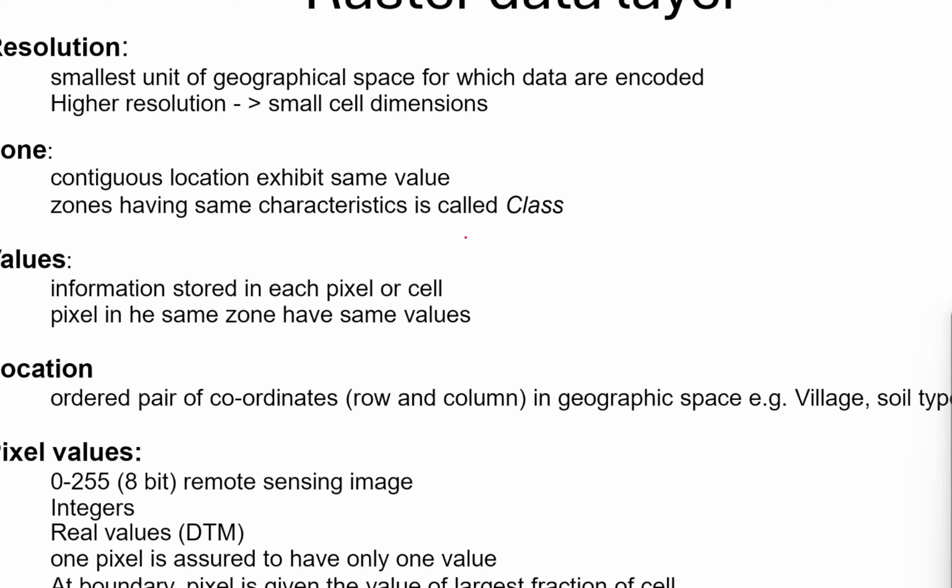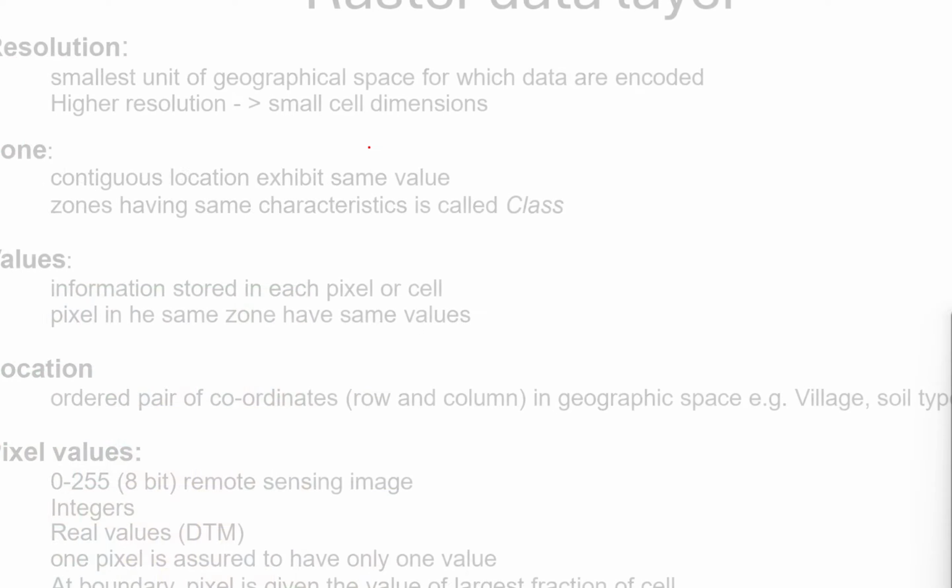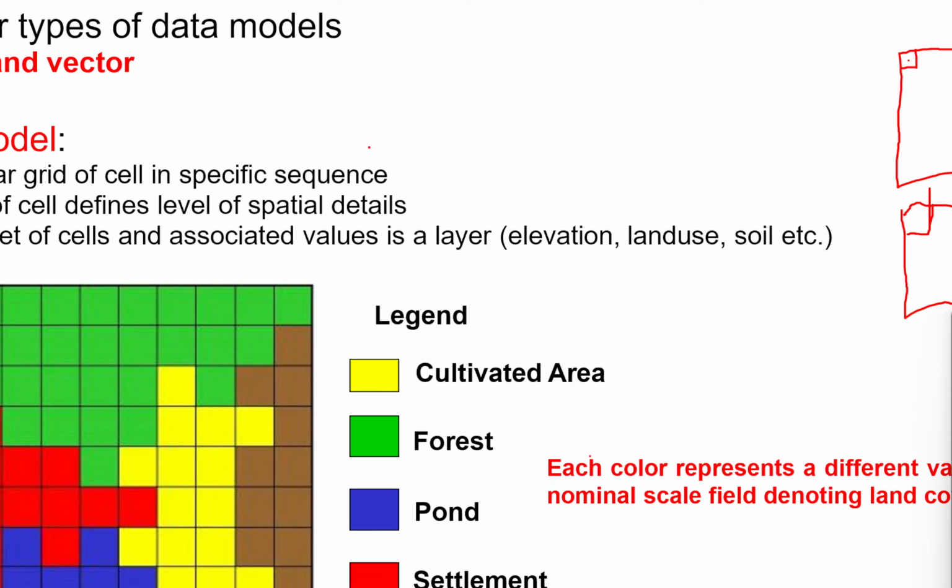1 by 1. Okay, 1 by 1, because in 30 by 30 kilometer you only have one value. Suppose this is the area, 30 by 30 kilometer.